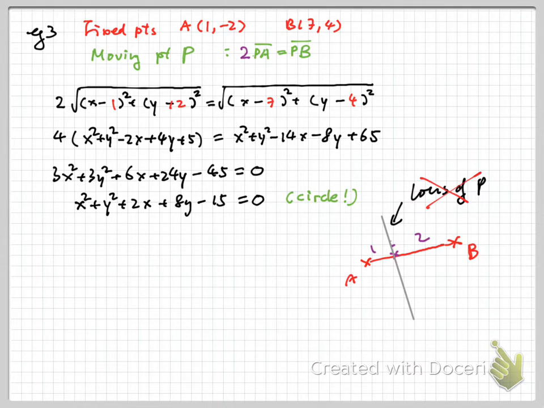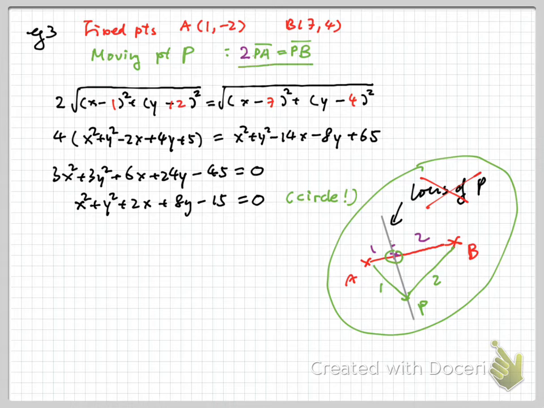If PA is half the distance of PB, or 2 to 1, it does not mean that it is a straight line passing through the point of division 2 to 1. It's a very common mistake when people are dealing with K times PA equals PB.